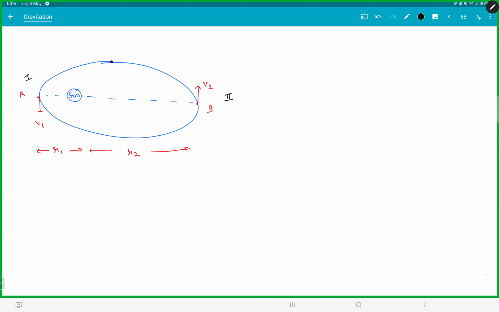Now, if you look at this, the gravitational force is always passing through the sun. No matter where the planet is, the gravitational force is always towards the sun. Therefore, torque about the sun is zero.